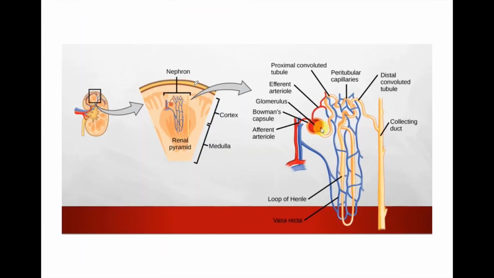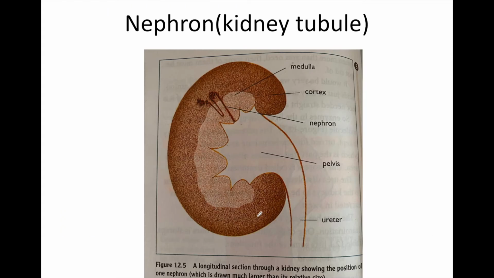So if we look at the kidney, we will find the glomerulus, and the renal tubule starts in the cortex, the outer region, descends to the medulla, and returns back to the cortex, and then joins the collecting duct, and the collecting duct will pass through the pelvis and join up with the ureter.